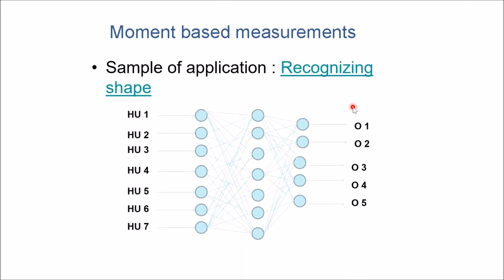So the problem can be simplified into this configuration. For this case, we use this type of multi-layer perceptron configuration. We have 7 nodes in the input layer, in which the features will be extracted based on the Hu moment. You can try to Google what Hu feature extraction is. So we have 7 nodes in the input layer, and for the hidden layer we have 1 2 3 4 5 6 7, also 7 nodes.